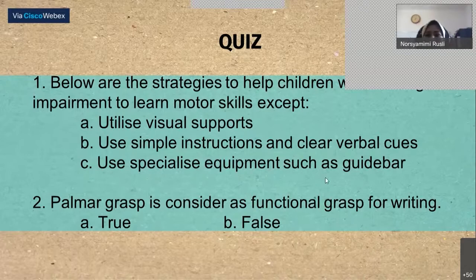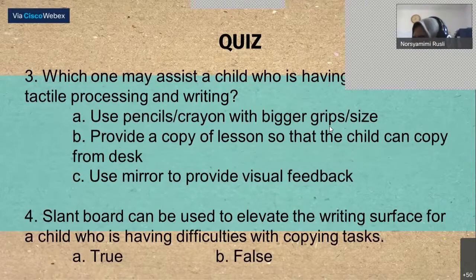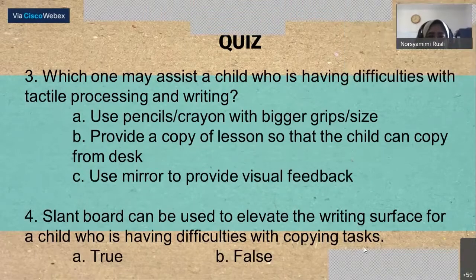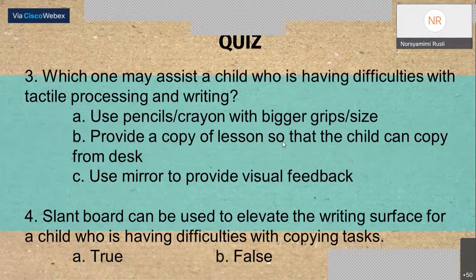Moving to the next question, number 3. Which one may assist a child who is having difficulties with tactile processing and writing? A, use pencils or crayons with bigger grips or size. B, provide a copy of the lesson so the child can copy from the desk.